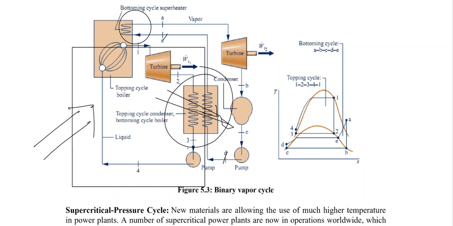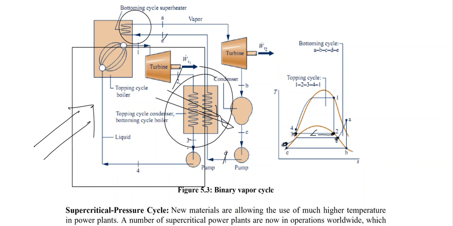So from the TS diagram, you can say the heat which is ejected in a condenser from 2 to 3 is accepted in a boiler from D to E over here.